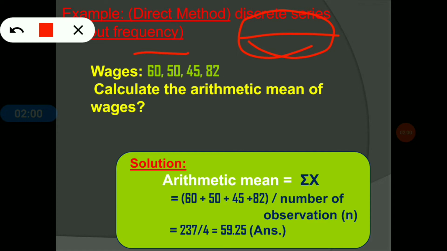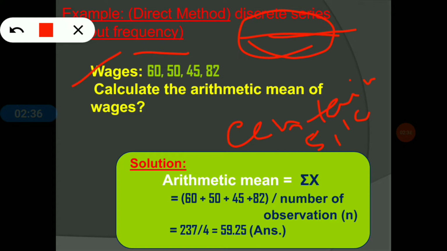Discrete data is data which can only take on certain values. Certain values means the integers, the whole numbers like 5, 10, 15, etc. Clear what is the meaning of discrete series? I think this is clear. So now move on to the example.